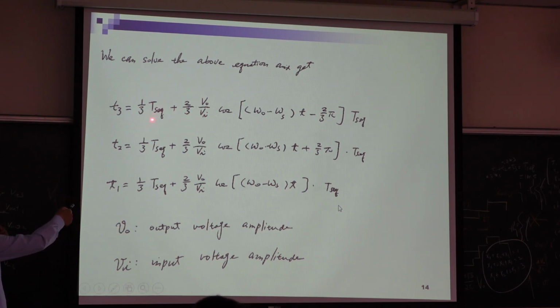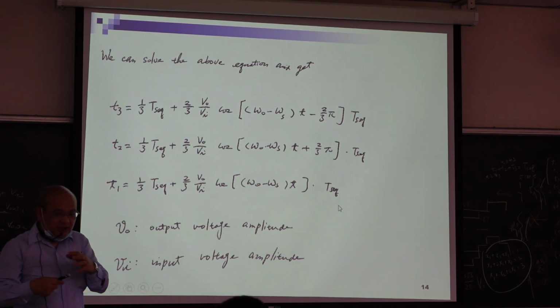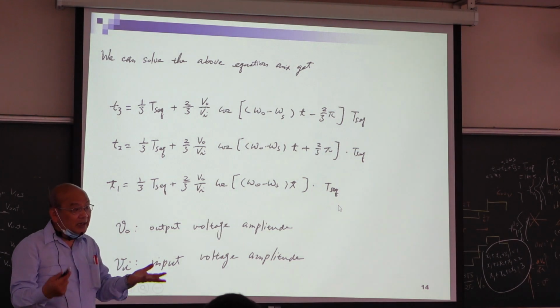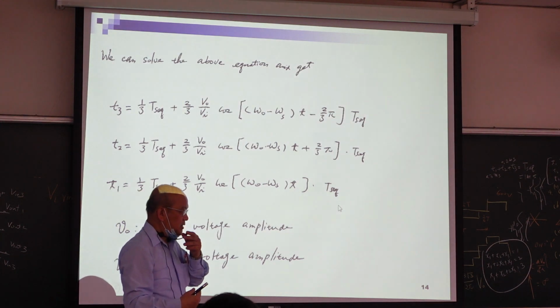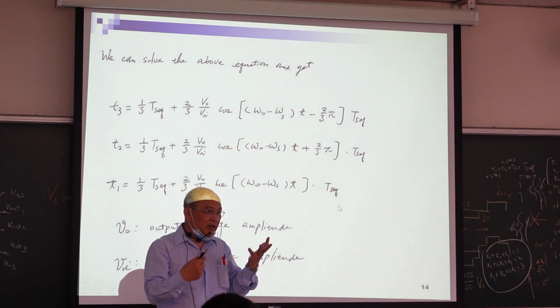Then you have to know T sequence, 1 millisecond, 1/3, 0.33 millisecond. You add this one and this one, then you obtain T3. But then you have to compute T2, then you have to compute T1. Do you think that this is easy? It is not easy, right? It is complicated. However, this is the final solution.